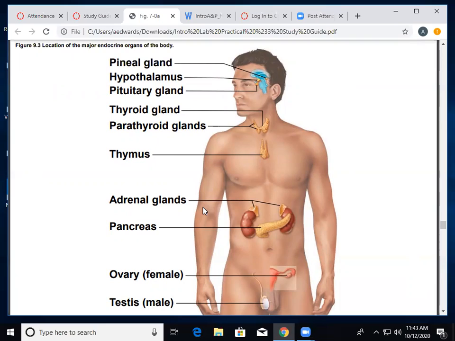So these are usually ductless glands. They are not like, say, the sweat gland, right? Sweat goes through the sweat gland up to the surface of the skin. These are more direct.